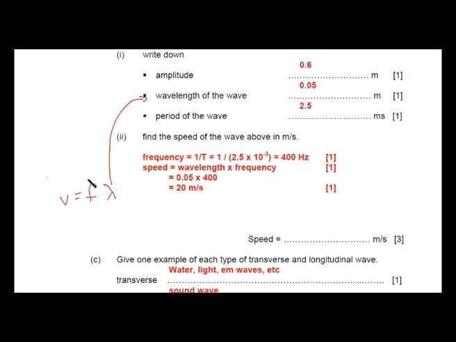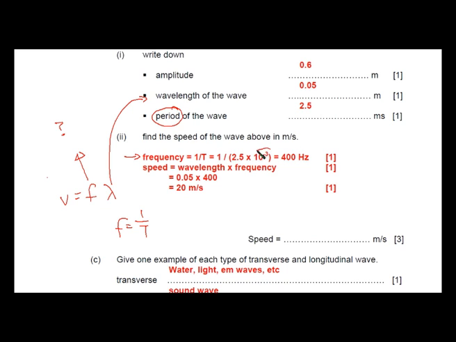How about the frequency? We don't know the frequency, but we know the period. So to find the frequency, we have to make use of this formula: frequency equals 1 over period, as shown by the working over here. Frequency equals 1 over period, which equals 1 divided by 2.5 times 10 to the power of minus 3.